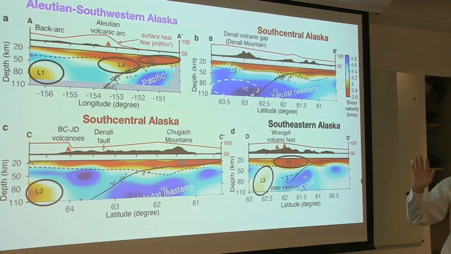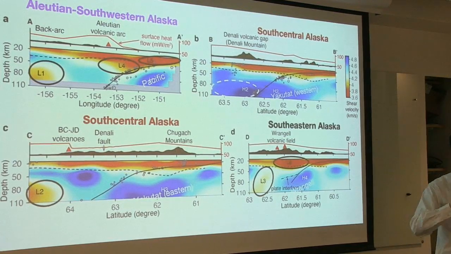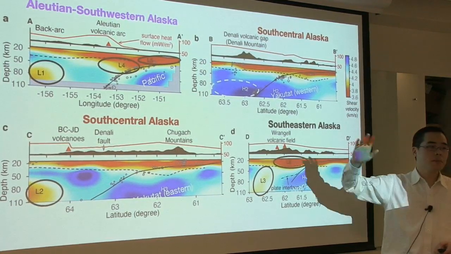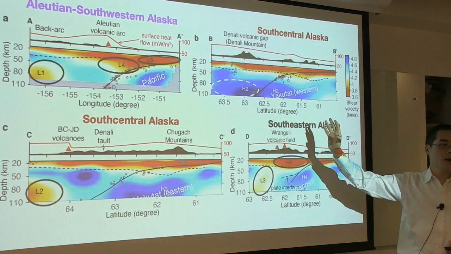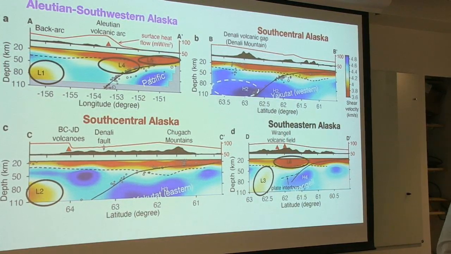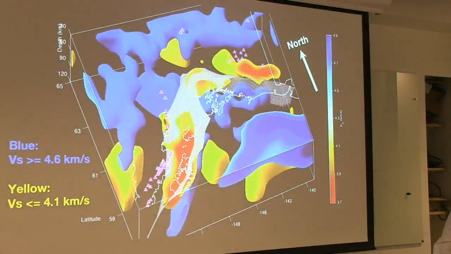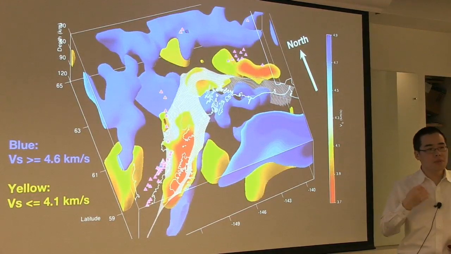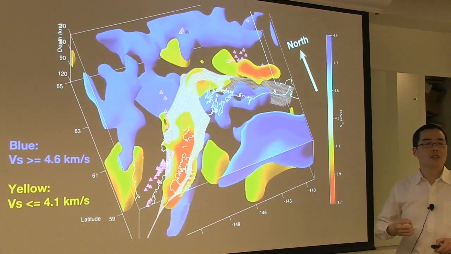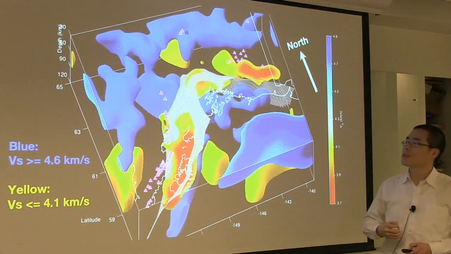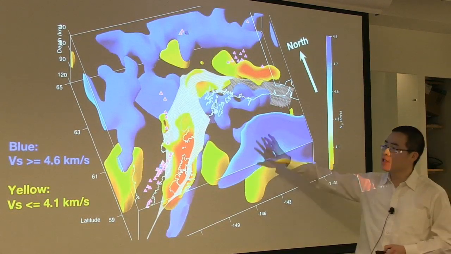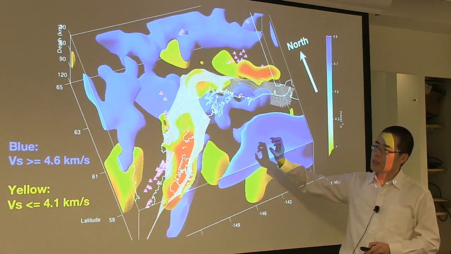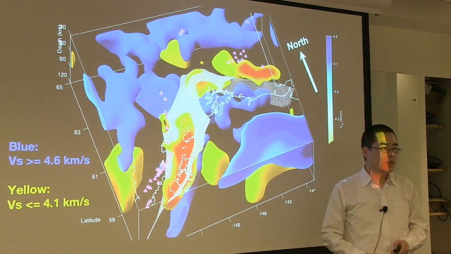You have seen the very big contrast or change along the strike in different regions along the Aleutian-Alaska subduction margin. And next, I want to briefly show you how the structures look in three-dimensional space. The blue patches here include velocities greater than 4.6 kilometers per second.